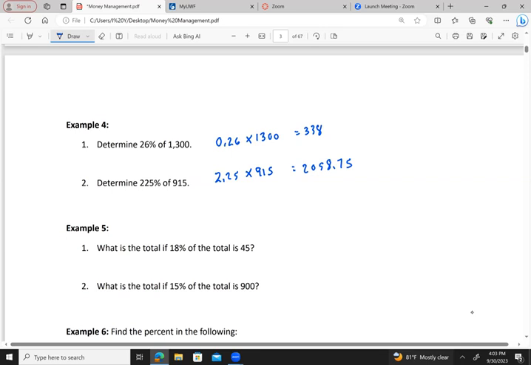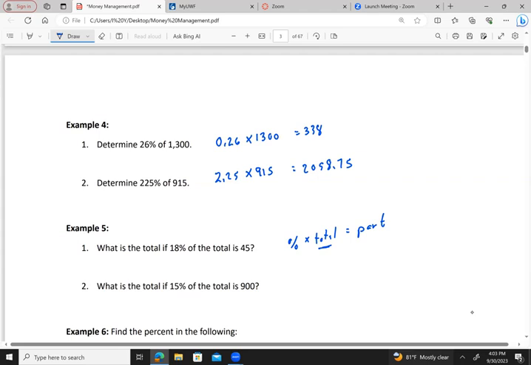Okay, so now let's look at this. So we have percent times total equals part. So now I want to know what is the total. So I'm looking for this.